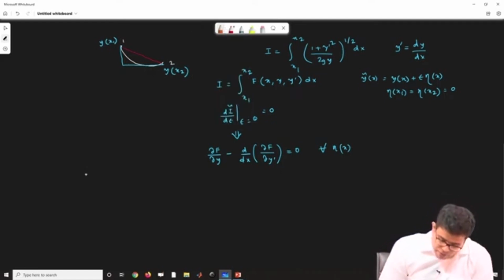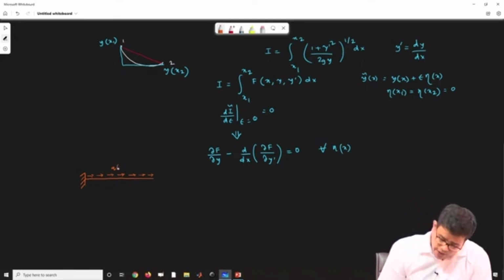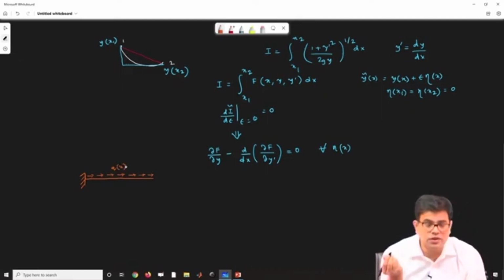Suppose there is a bar, the bar problem we all know very well. So this is a bar. Suppose this bar is loaded with a load like this, an axial load, but a distributed axial load. Let us say this axial load is q. It can be a function of x, or it can be constant also.